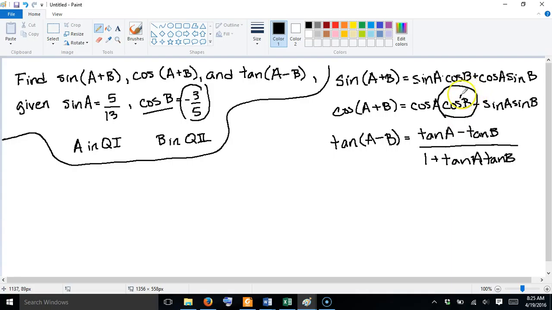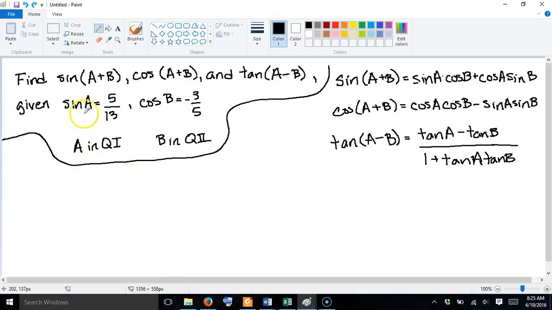It doesn't go in for just the value of B. That number replaces what cosine of B is equal to. So do not treat the numbers you are given here like they are angles. All right, so now that I've gone over that, let's do this.